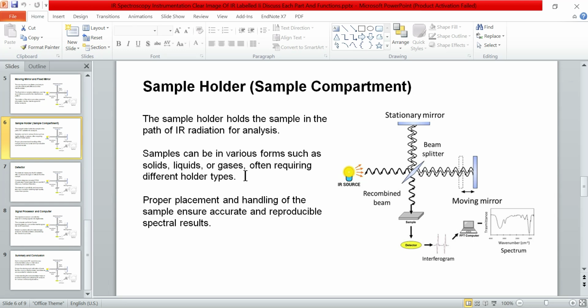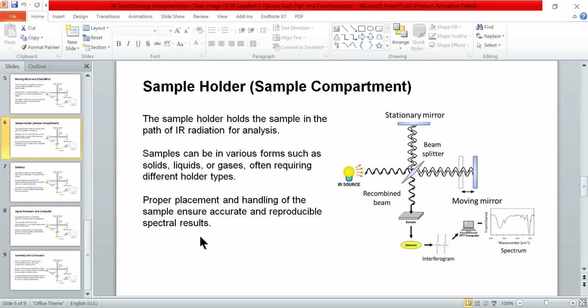The most important thing is to put the sample holder at the exact position of the electromagnetic radiation. Proper placement and handling of the sample ensure accurate and reproducible spectral results.